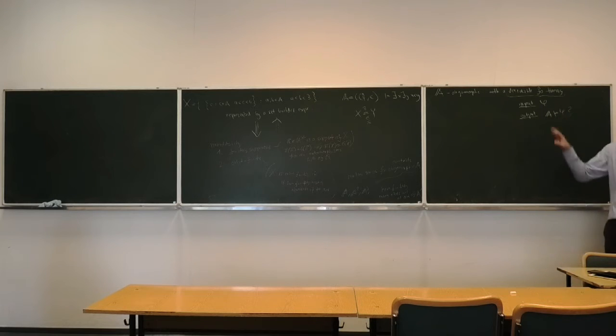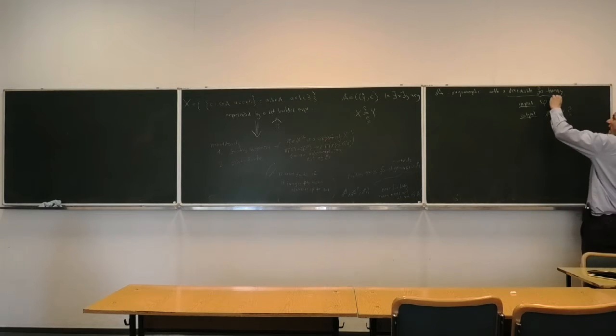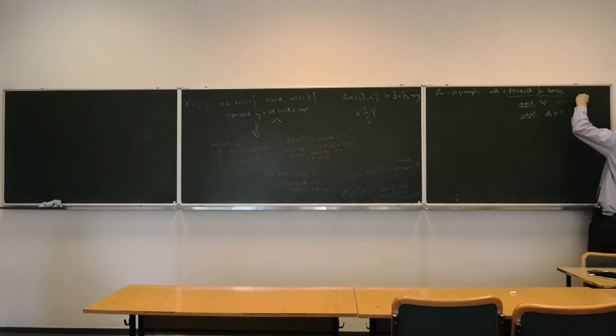Decidable first order theory means that you can input a formula and say whether or not it's true. But the formulas that I will talk about can use constants from A. So this is what I mean by first order formula.